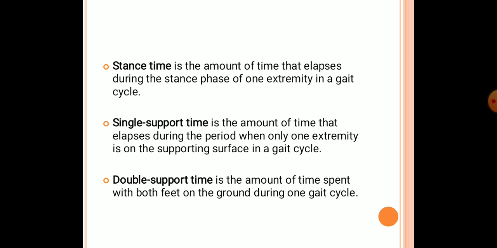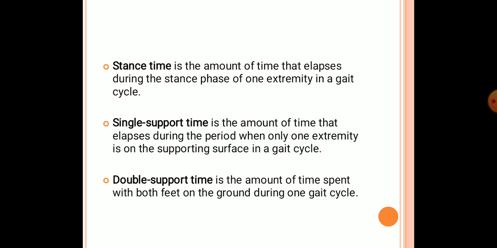So stance time is the amount of time that elapses during the stance phase of one extremity in a gait cycle. A gait cycle starts from the heel strike and ends in the next heel strike. In between these two successive heel strikes, the time required to complete a single stance phase is known as stance time.